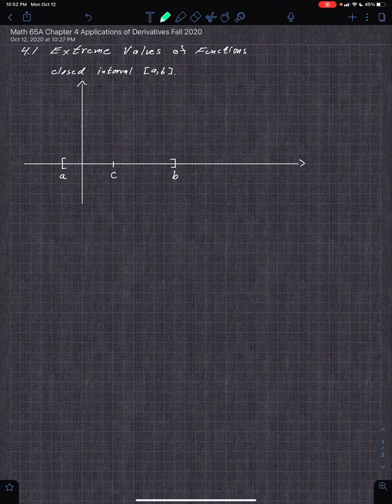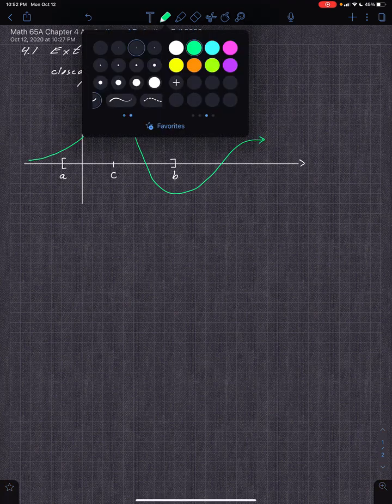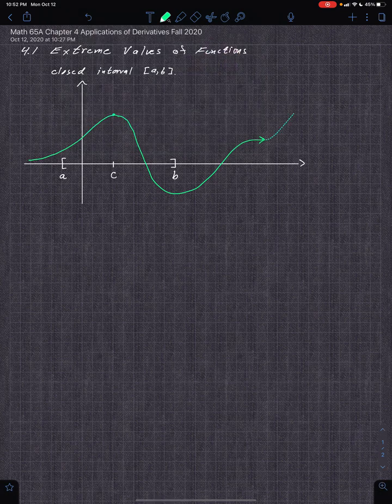Say the function goes up to here. Okay, so suppose the function does something like this, it comes up like this, kind of maxes out like that, comes down, and then just does that. And then here the function could go up like this, could stay horizontal, or it could go down towards infinity.